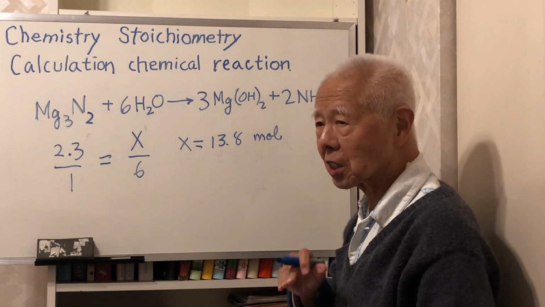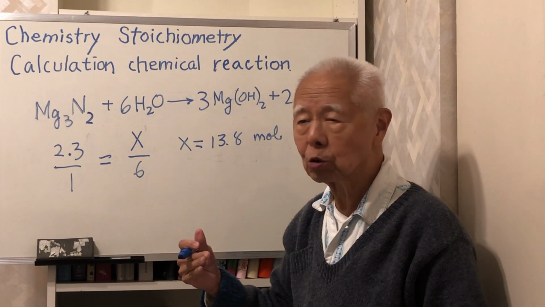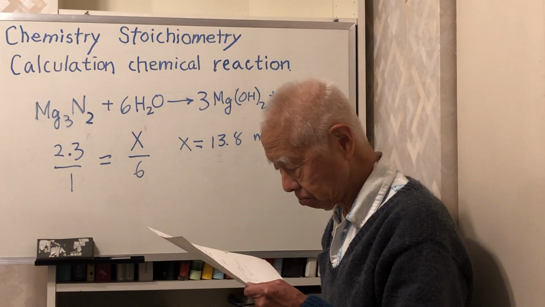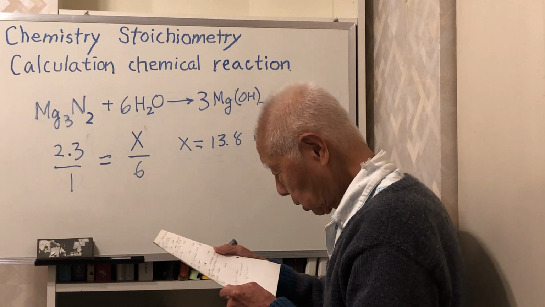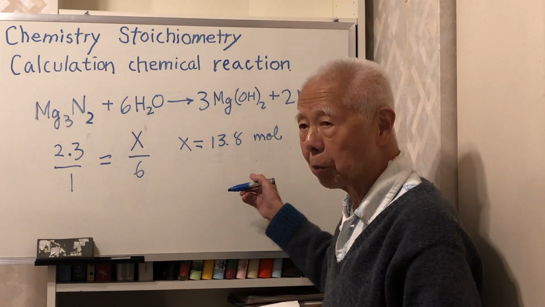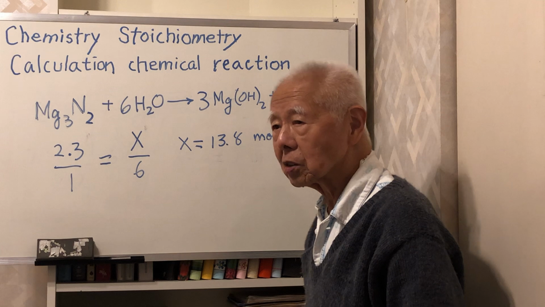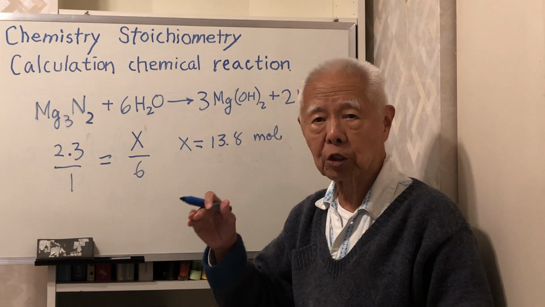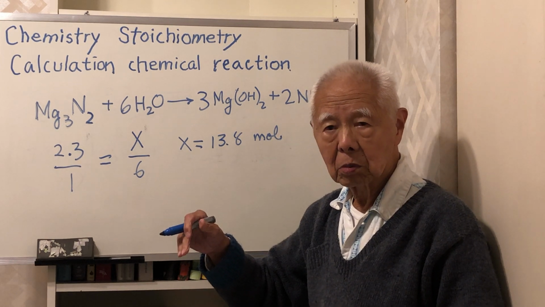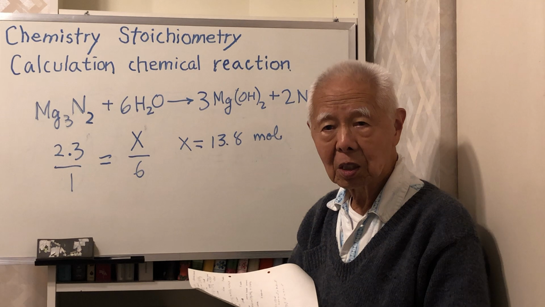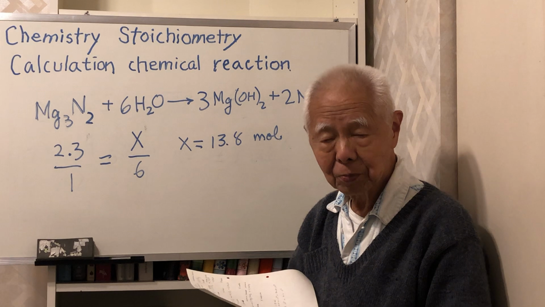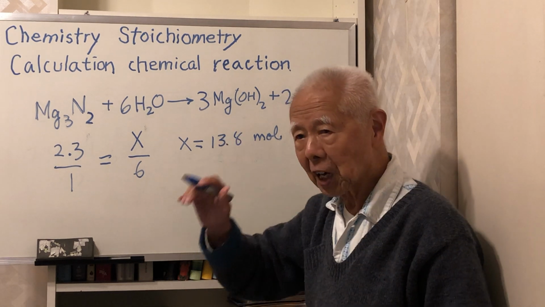But the question does not want to find how many moles. The question is to find how many molecules of water. How do we do that? So we need to change mole to molecule. Now, this is what we want to remember. 1 mole contains 6.02 molecules.